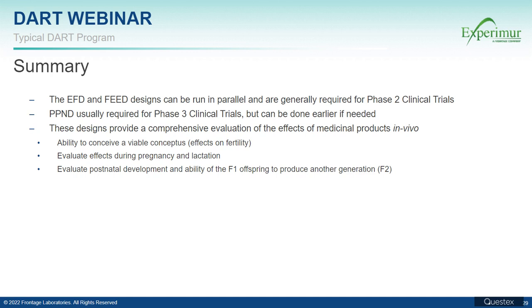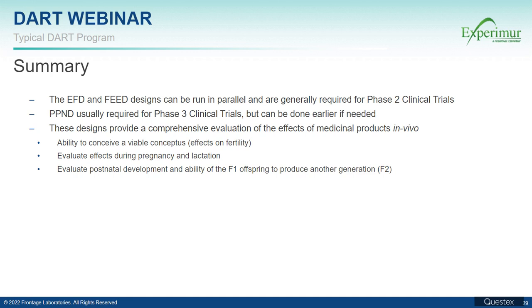Okay, so these embryo-fetal development studies and the fertility studies can run in parallel and are generally required for phase 2 clinical trials. Things are changing with some of the guidelines to make sure that women can be properly represented, but usually we like to have preclinical testing done before women of childbearing age would be exposed to any new chemical that's not been used before.